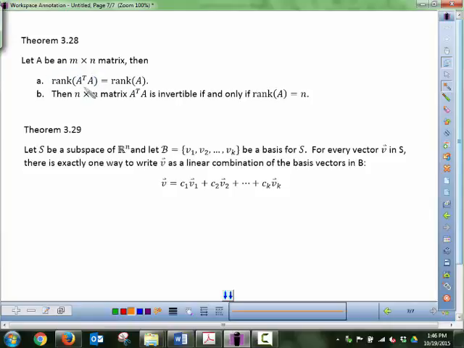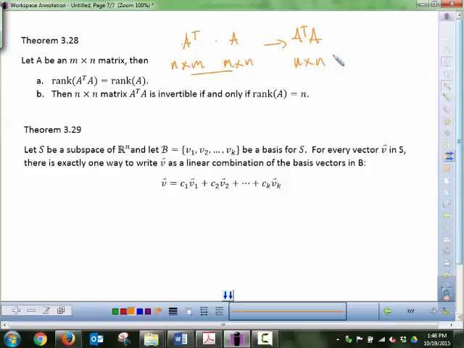A is M by N and A transpose is N by M, so A transpose is an N by M matrix, multiply that times A, which is an M by N matrix, then the product A transpose times A is, remember these two cancel, N by N. So it has the same rank as the original matrix A. If it has the same rank as the original matrix A, and your nullity is 0 for that, then you can say A is invertible, and it turns out that A transpose times A is also invertible. Okay. Yeah, I don't know if that's very interesting.